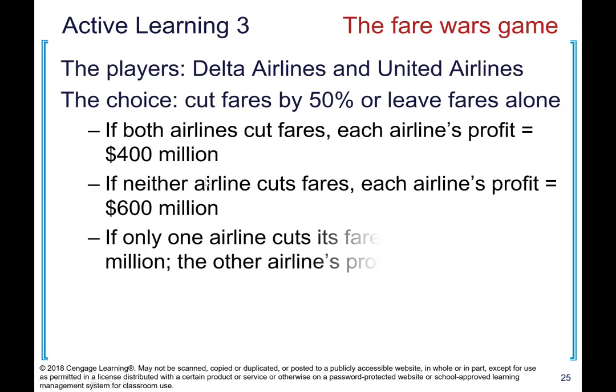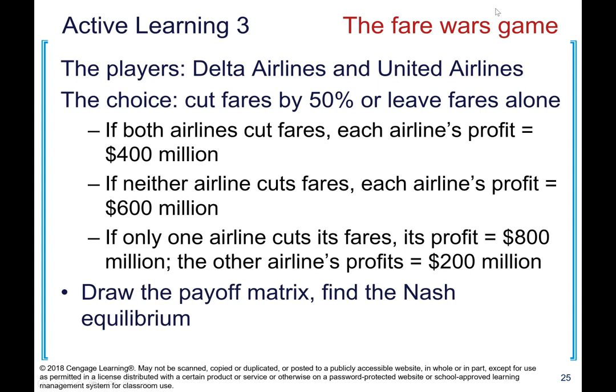The players, this is a fare wars active learning. The players are Delta Airlines and United Airlines. The choice: cut price by 50% or leave fares alone. If both airlines cut fares, each airline's profit is $400 million.